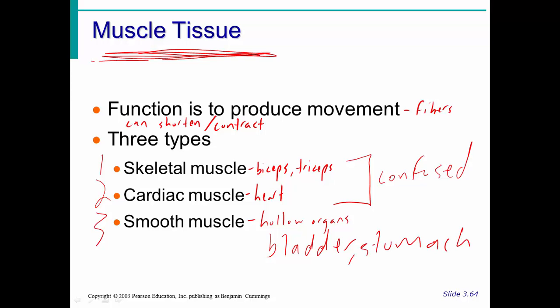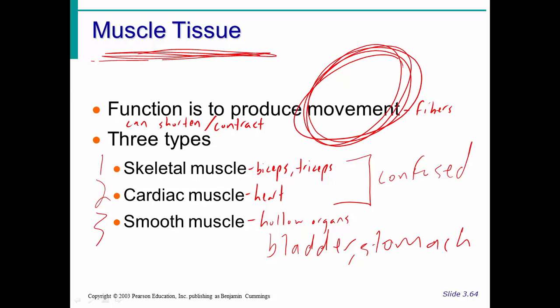The thing that combines all 3 of these tissue types is movement. Skeletal muscle is going to help us move, and it's voluntary. The other 2 are involuntary, but the cardiac muscle is going to pump, with the pacemaker, and then smooth muscle is going to purge things out, move things from one location to another.